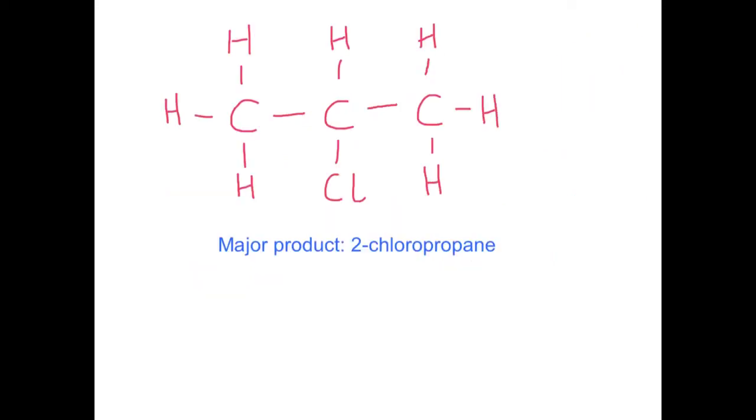In fact, the major product, by far the major product in this reaction, is 2-chloropropane. Very, very little 1-chloropropane forms. And we can explain this by looking at the intermediate that's formed.